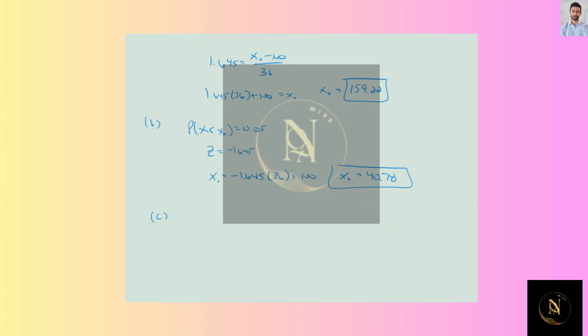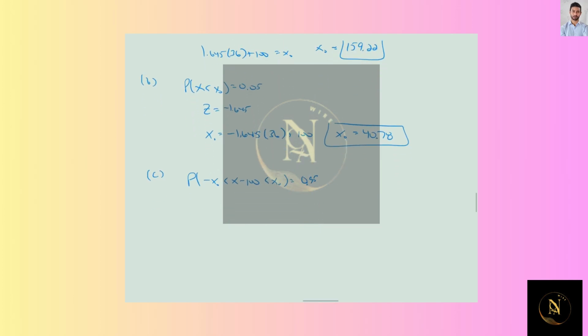For part C, we want the probability that x minus 100 is between a negative and positive x naught being 0.95. And so we'll use the same z from the tables.